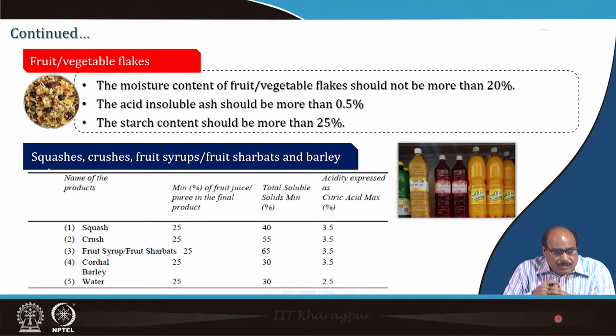For example, squash should contain minimum 25% juice, total soluble solids minimum 40% and acidity as percent citric acid should be more than 3.5. Okay. Even fruit syrup or fruit sarbat should have again 25% minimum fruit juice, 65% total soluble solids minimum, and 3.5% acidity as citric acid.